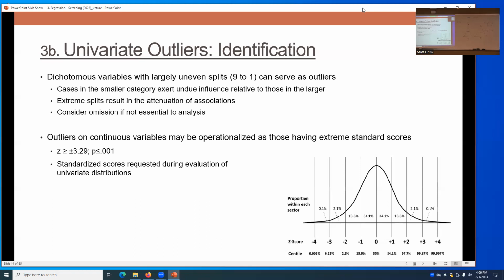I know we don't do black and white rules, but are we specifically looking for 3.29 or greater, or if we saw 3, should we be concerned? It's all relative, looking at the distribution and a combination of things. If I'm just looking at a list of z-scores, I have a hard time knowing whether this is bad or not.